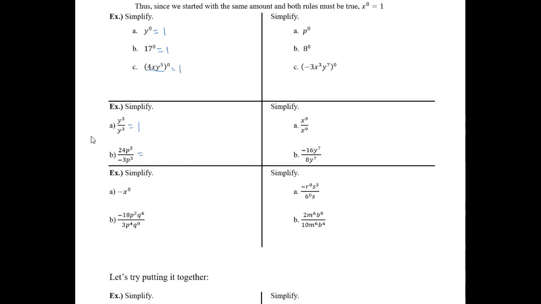Again, we divide the coefficients, so that's just straight division. 24 divided by negative 3 is negative 8. And p to the 5th divided by p to the 5th, anything divided by itself is 1. So we end up with just negative 8.